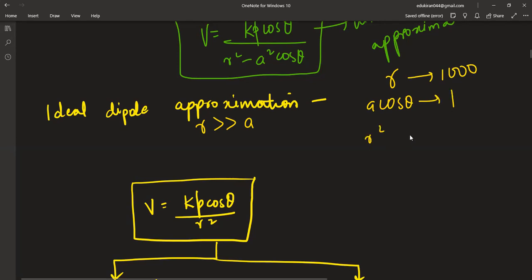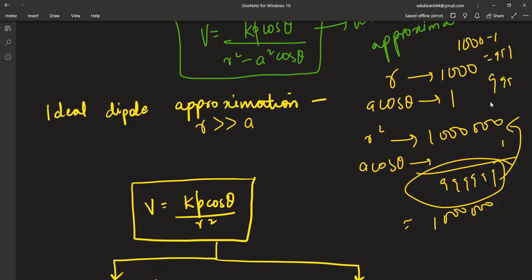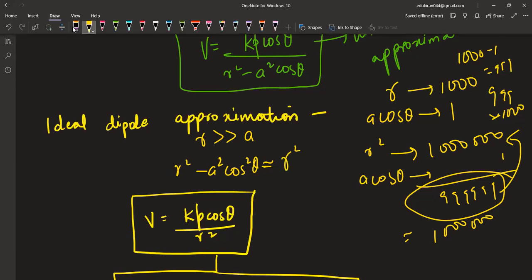When you square it, R square becomes huge, and A cos theta is still 1. So when you are subtracting, 999,999, what is this almost equal to? This is again back equal to R square. Or even 1000 minus 1 is 999, so 999 is approximately equal to 1000. So if this is so huge, we can replace R square minus A square cos square theta as almost equal to R square. So the formula becomes Kp cos theta by R square.